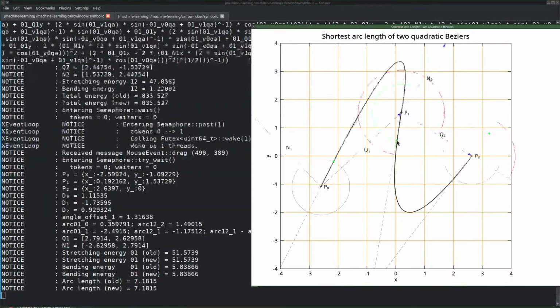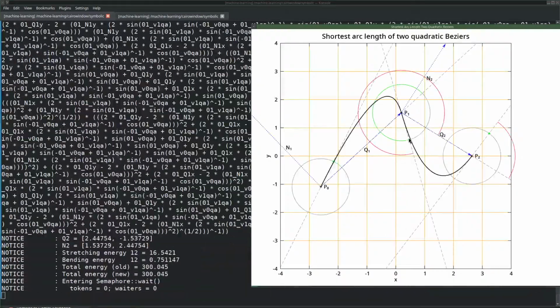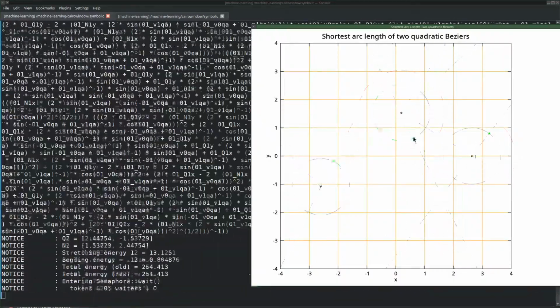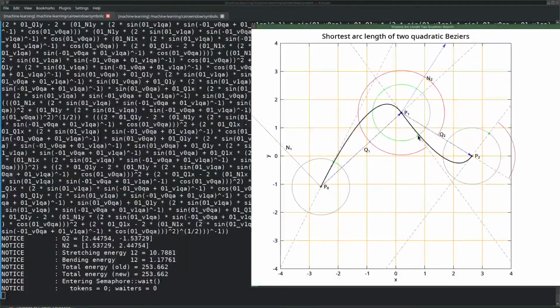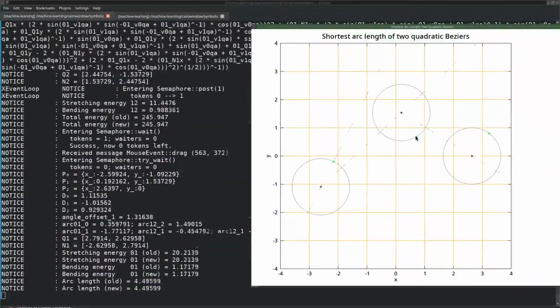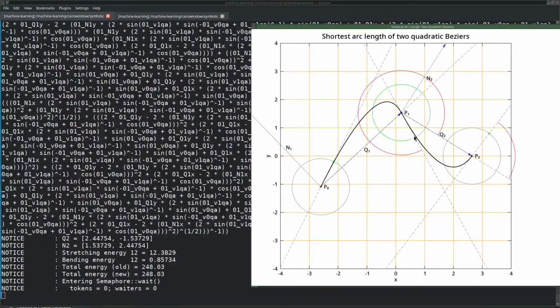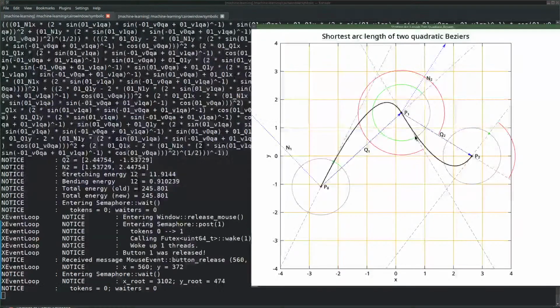So that should allow me to drastically reduce it. 300, 200, and that's more again. 245, 245. Something like this, 245 something.